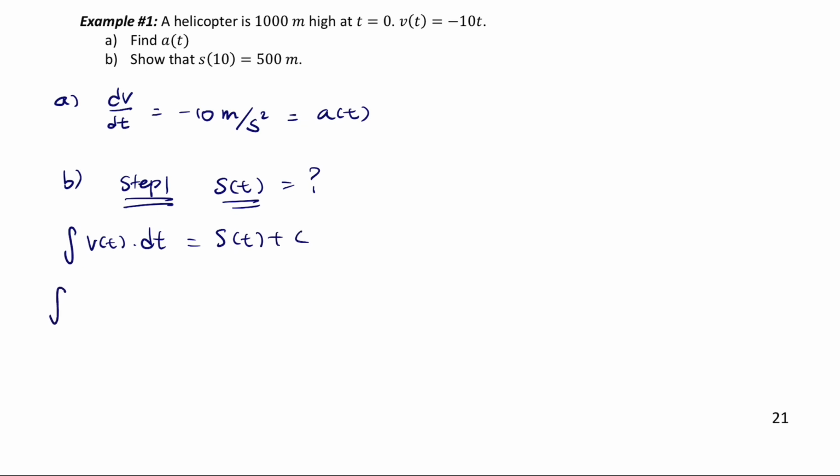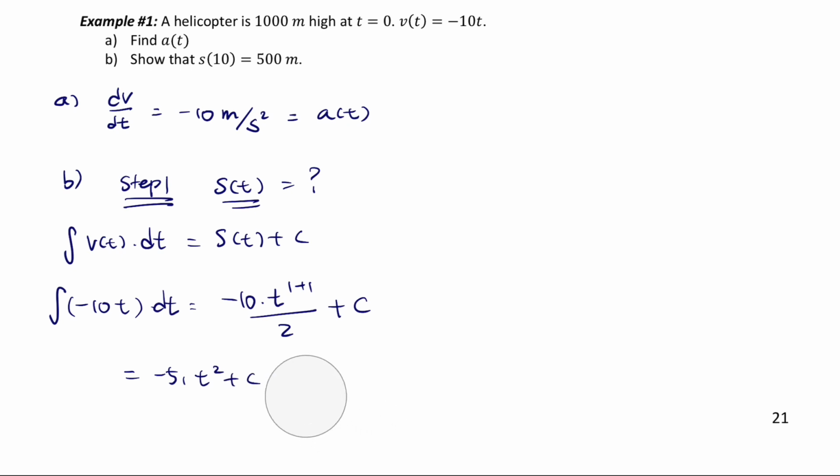Integrating gives negative 10 times t to the power 1 plus 1 over 2, plus c. So negative 5 times t squared plus c is our displacement function.